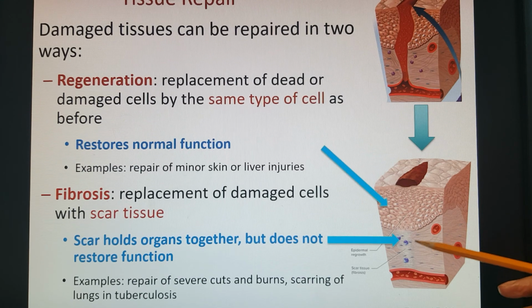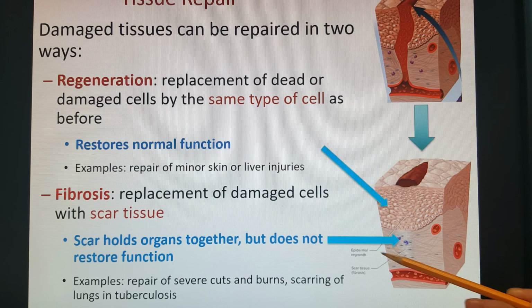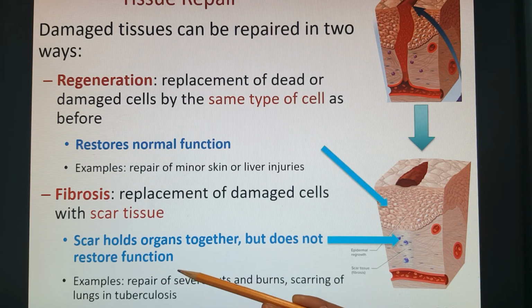In this example, this would be a loose connective areolar type of connective tissue, so there's a bunch of fibers that run through there. The fibroblasts, remember, our builder cells, are going to come through and make a bunch of new collagen, new reticular fibers, new elastic fibers, fill in that gap space, and you're stuck with this scar tissue that is non-functional, so it does not restore function.